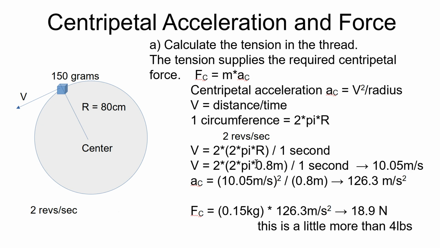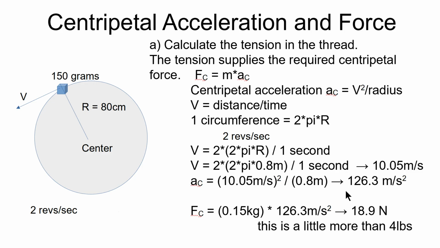So if you would pause and plug in the numbers to your own calculator, I hope you agree that we come up with the magnitude of the velocity is 10.05 meters per second. And just a side note, this velocity is tangent to the circle. So what's the centripetal acceleration? We now have v, so we can square that and divide by the radius.